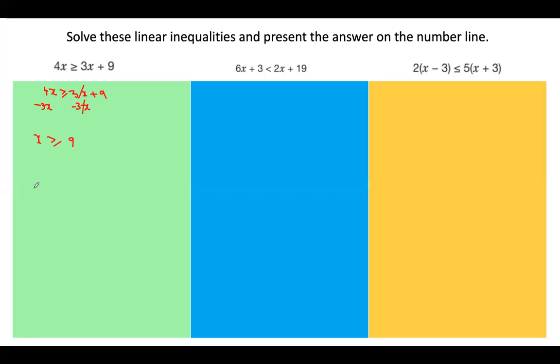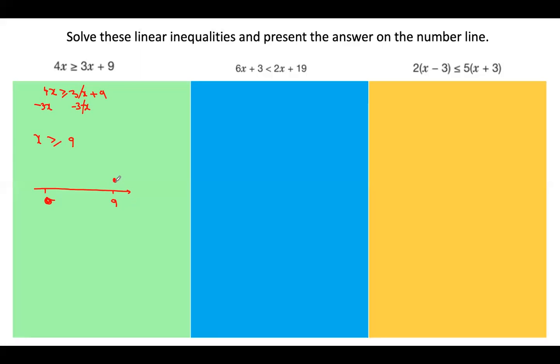Just like that. Don't forget to draw the number line. Place 0 somewhere. So this is 0, okay? And position number 9 somewhere here. And the solution of the inequality is x bigger than or equal to 9. If you remember what I said in the first video, the solution includes number 9.